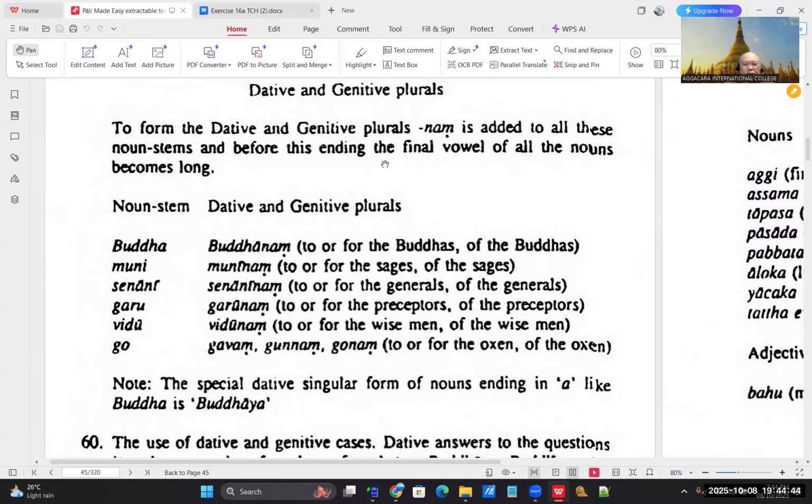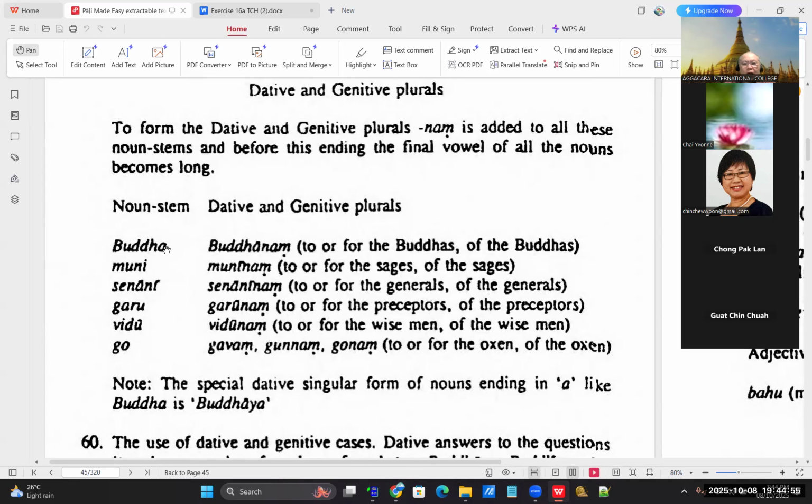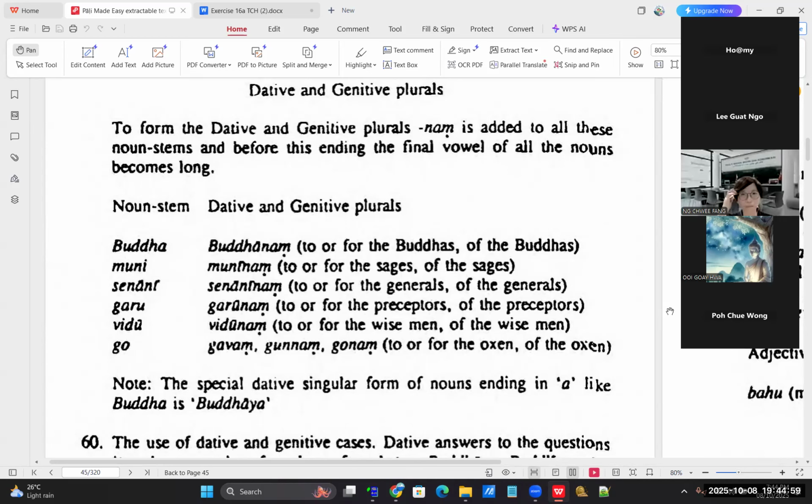And then for the plural, of course, you just put the nam. So you get Buddha nam, muni nam. But remember, in the plural, one of the characteristics is that before the nam, it has to be a long i. There's no Buddha nam, it must be Buddhanam. So muni with short i becomes muninam.